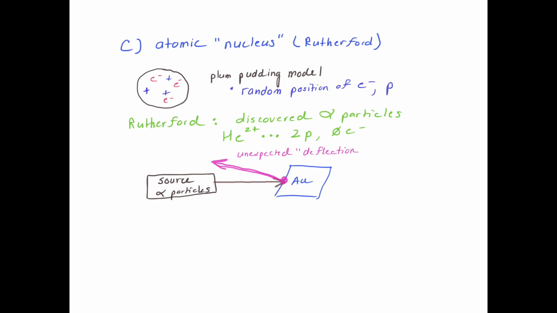So that was very, very unexpected, this severe deflection. And so what Rutherford had to come up with as a conclusion was that the positively charged particles within the gold atoms were constrained to a very small region of space.